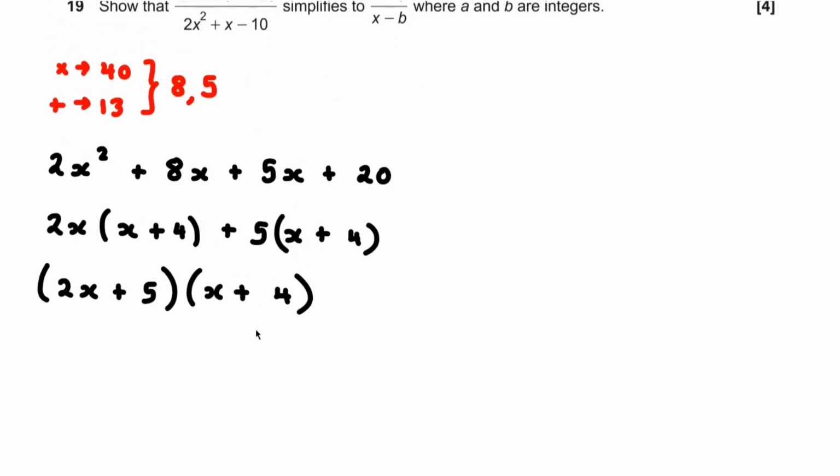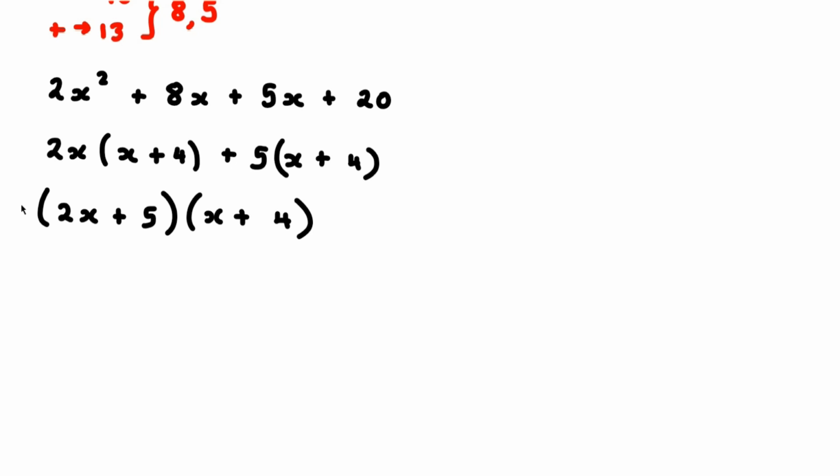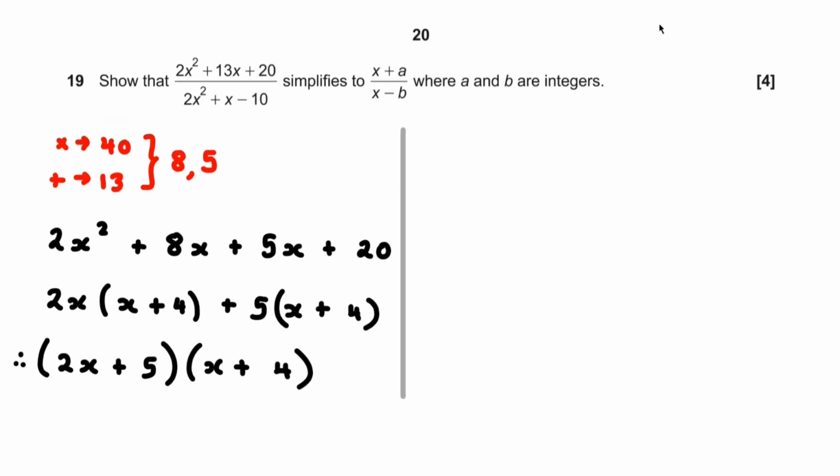Let's consider the denominator. Well, for the denominator, I need two numbers which multiply to give 2 times by negative 10, which is negative 20, and which add to give 1. What are those two numbers?